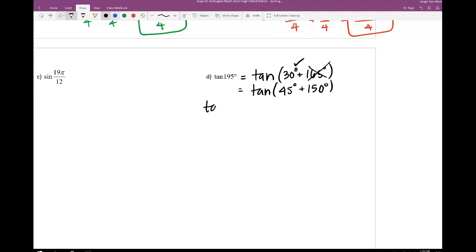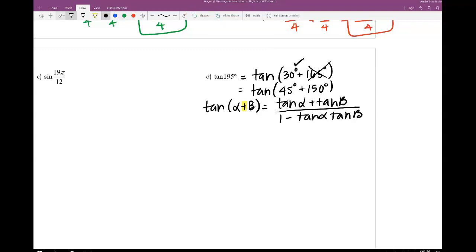So the formula for tangent of alpha plus beta is, can you give me that formula, please? It's an addition here, so we will start with an addition on the numerator: tangent alpha plus tangent of beta. Now we divide, and the bottom has an opposite sign.